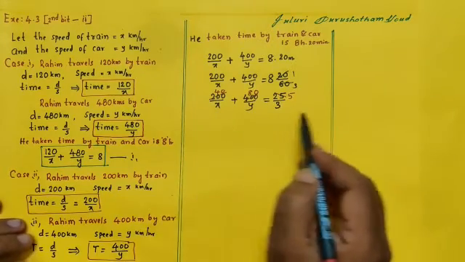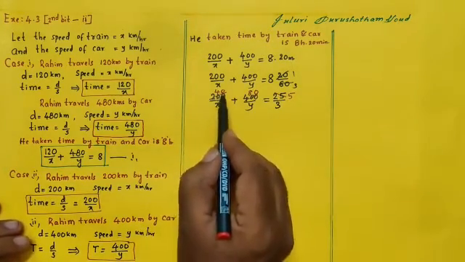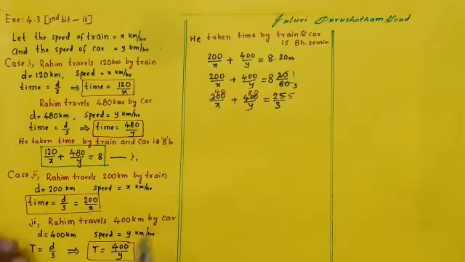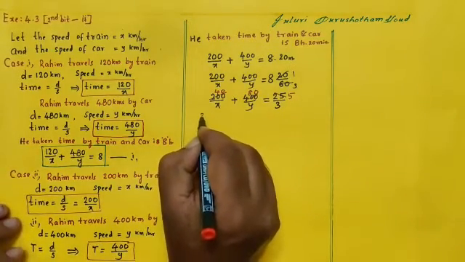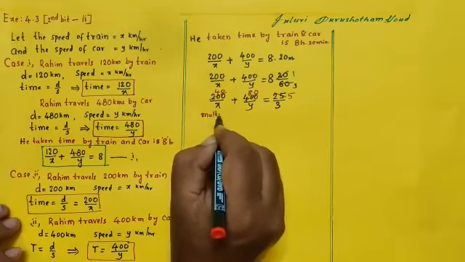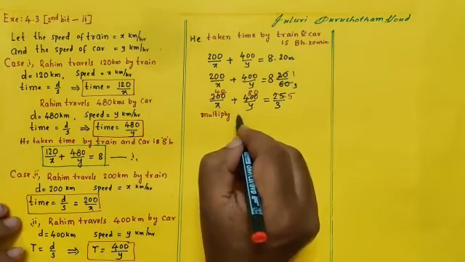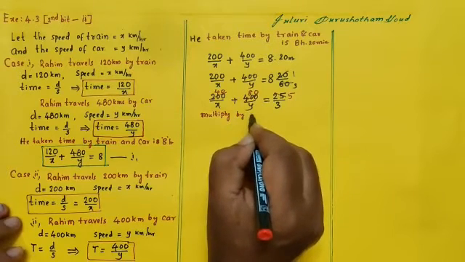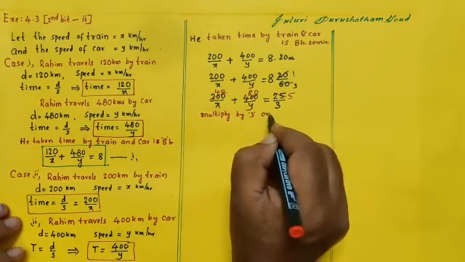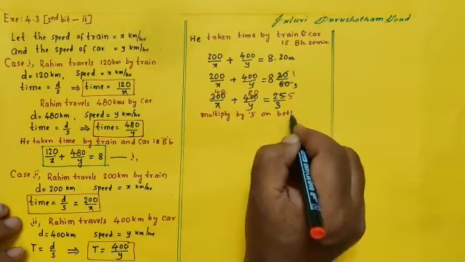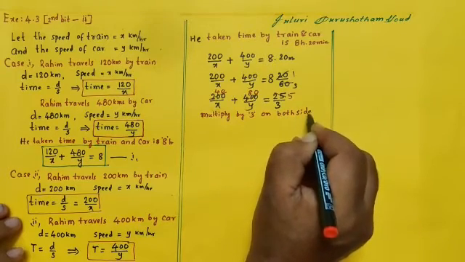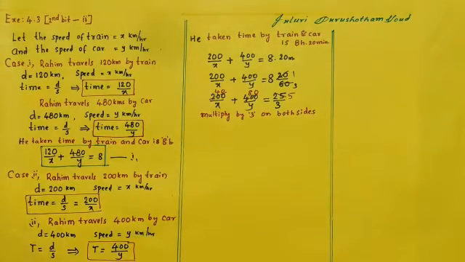If we multiply this equation by 3, 3 40s are 120. That's why we multiply by 3 on both sides.